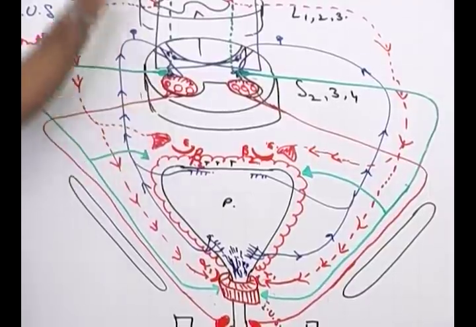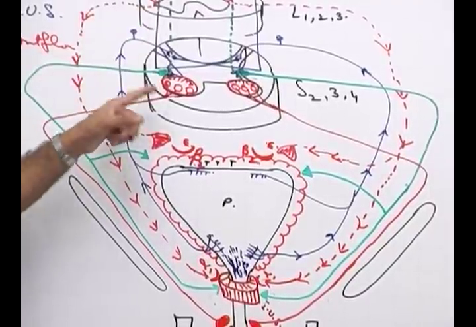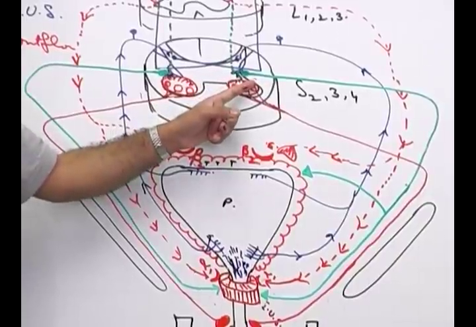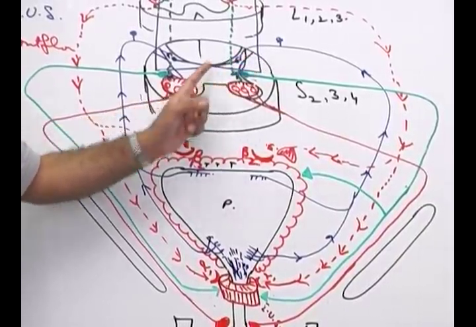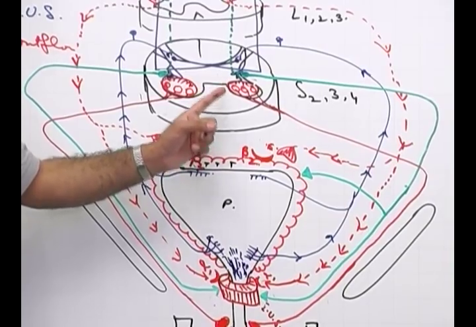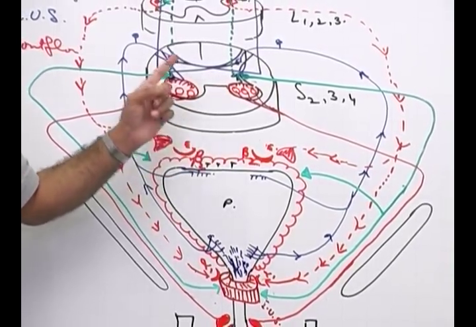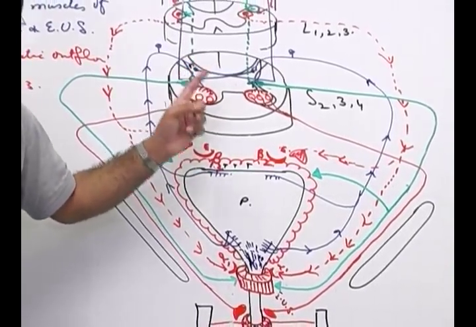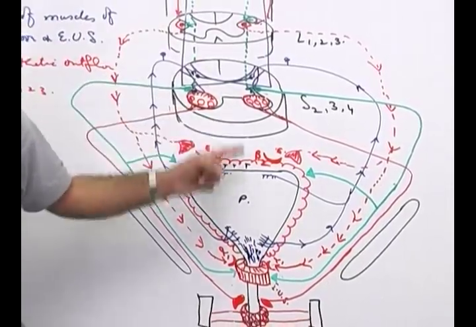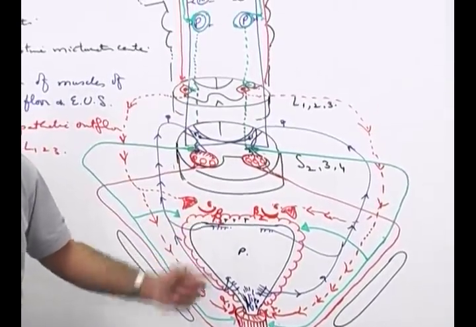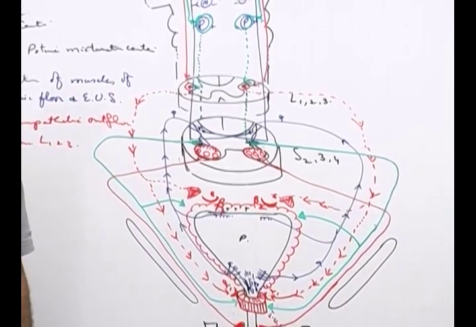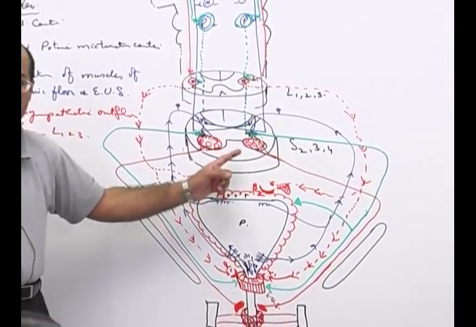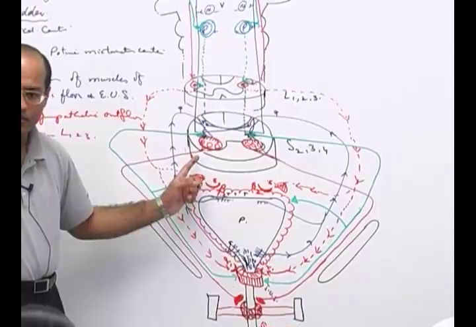At the same time, higher descending pathways are also facilitating parasympathetic. So we can say there is a local sacral spinal reflex for parasympathetic stimulation, which is now being facilitated by the higher centers. Previously this was being inhibited by the higher centers, now it is being facilitated by the higher centers.